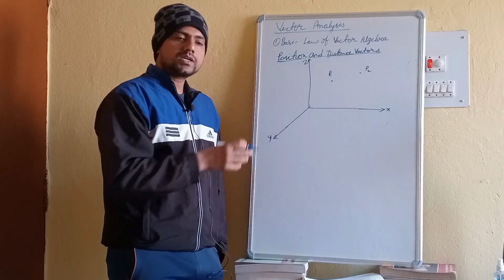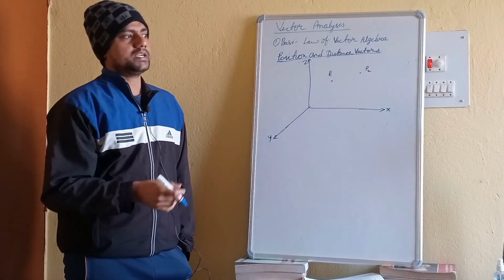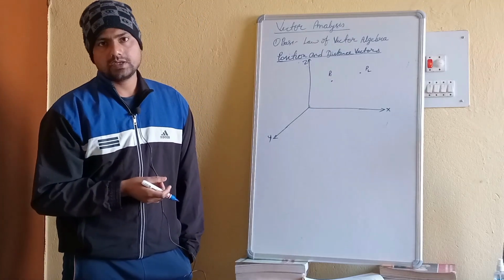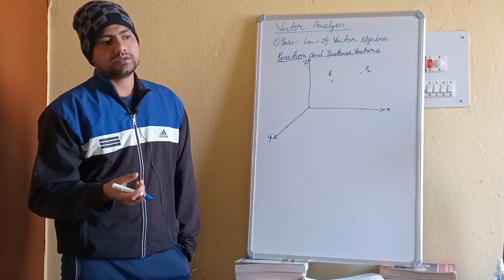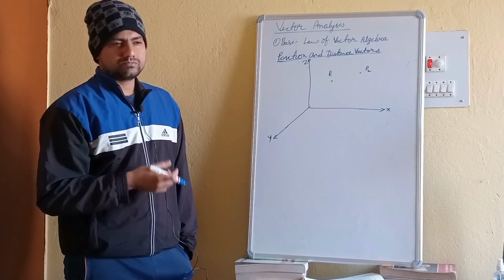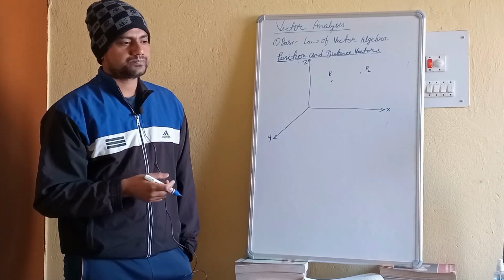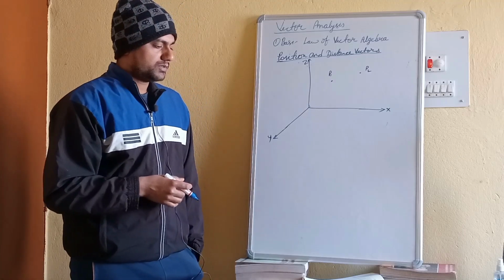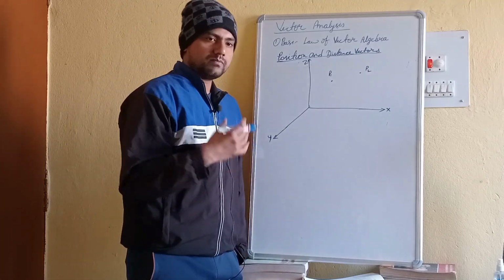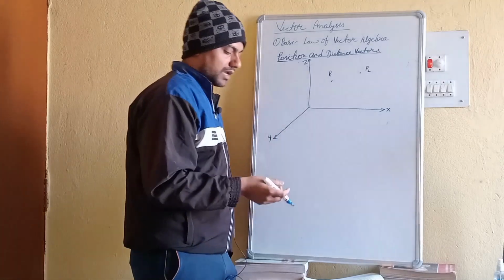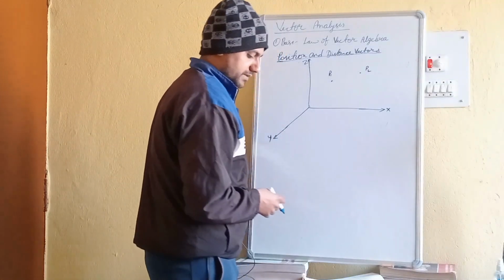You are familiar with the Cartesian coordinate system, so in the beginning I'm explaining using this system, and later on I will use spherical and cylindrical coordinates also. But here, for simplicity, so that you can understand in a better way, since most of you are familiar with such things, I'm explaining this.